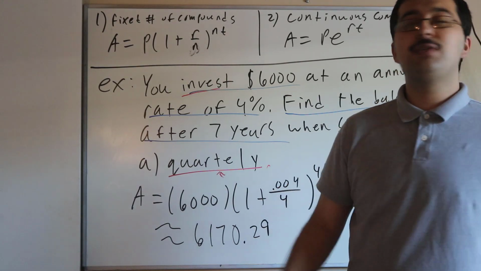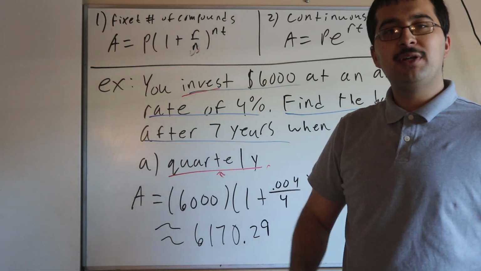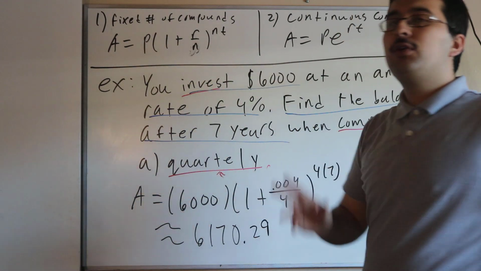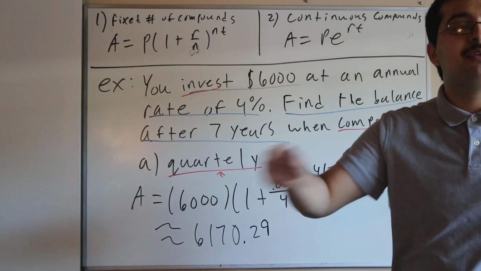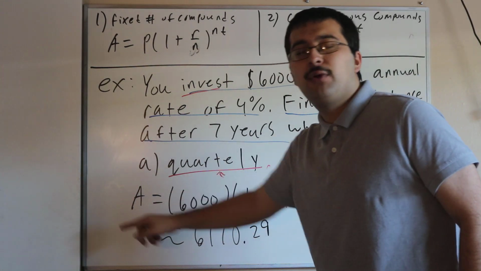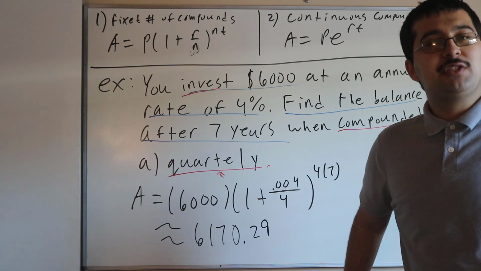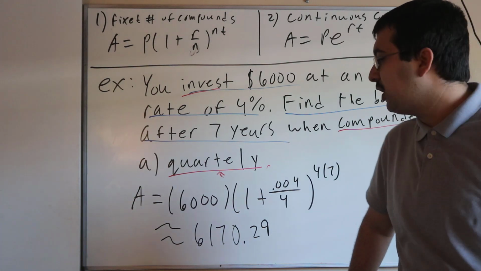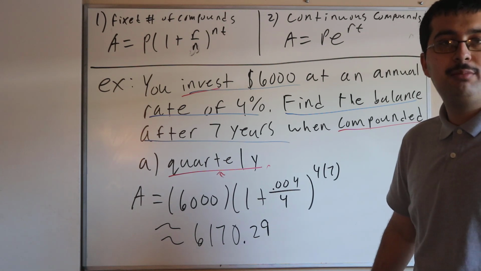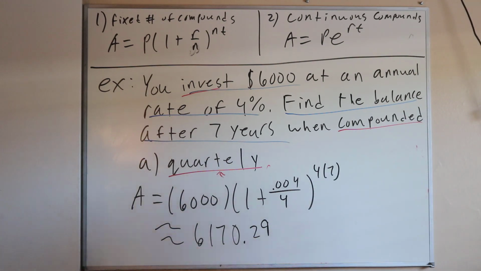That's a fixed amount. Therefore, I'm using my first formula. Once I identify I'm using my first formula, I walk through each variable, trying to assign the proper number values to each variable. Of course, recognizing that we are solving for A, it is our unknown. And once I've done that, it becomes a simple plug and chug problem, needing to use a calculator because it's going to be hard to do by hand. And this is the end result we get.